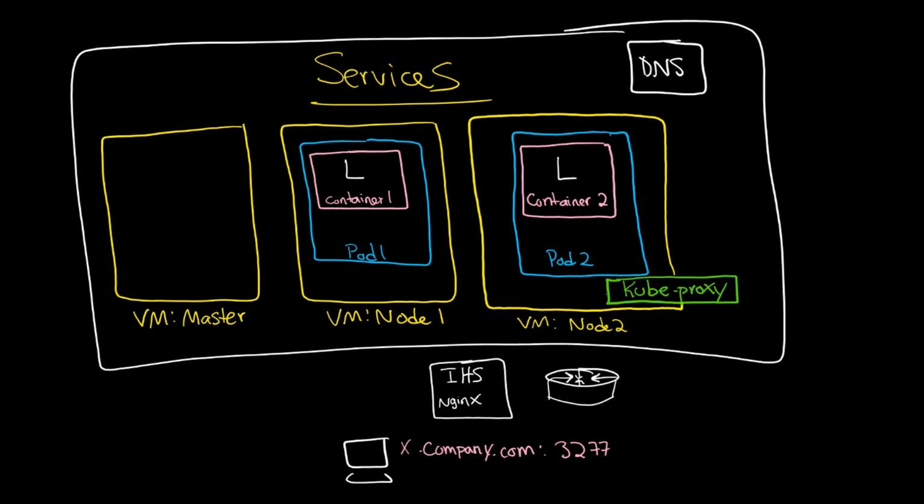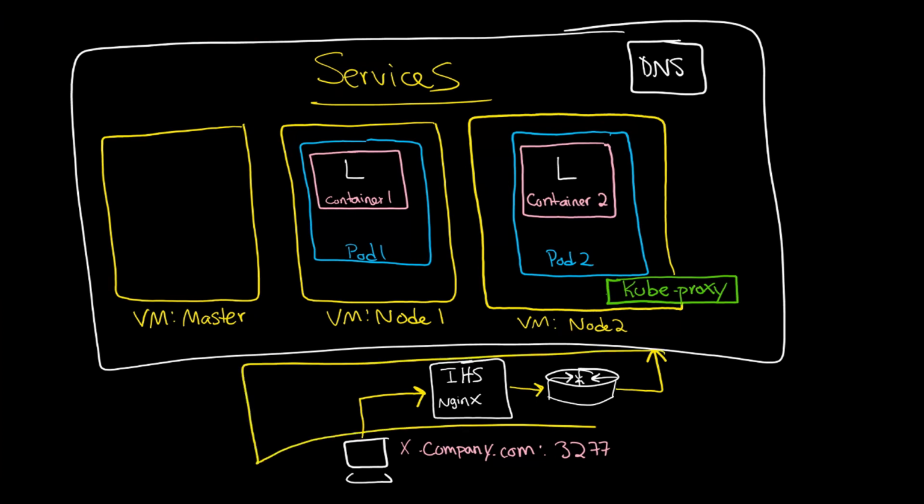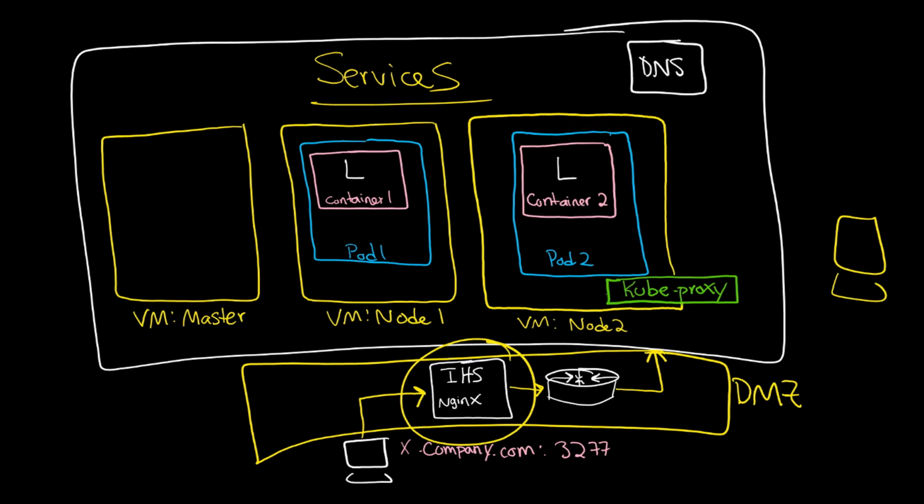And to provide additional security, what you typically would do is have a client connect over to an IHS machine or Nginx, IHS being IBM HTTP Server or Apache, and that would be protected behind some sort of gateway firewall, and then that would give you access to the cluster, so that if this machine, which is probably running inside a DMZ of some kind, a demilitarized zone, gets compromised by somebody out here, then this person out here does not have access into the cluster. They only have access to whatever they compromised here.